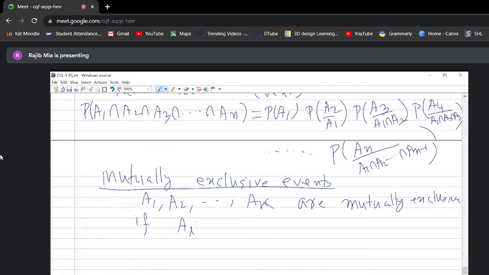That is, if we find the intersection, that will be phi, the null event. So AI intersection AJ should be phi, for I not equal to J. For example, if A1 intersection A3 equals phi, then A1, A3 are mutually exclusive events. And if this holds for all k events, A1, A2, up to AK, then we say these are mutually exclusive events.